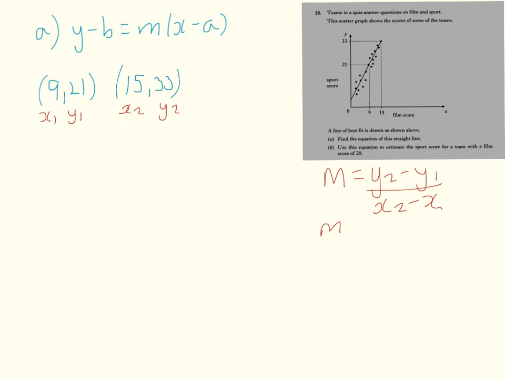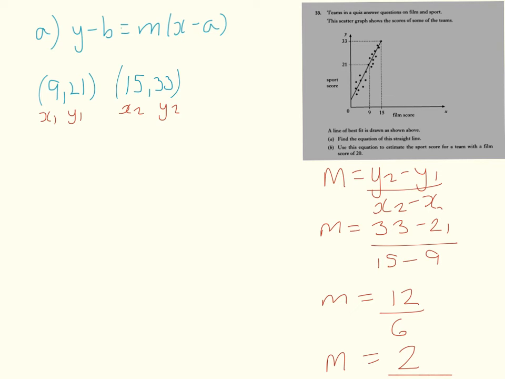So my gradient will be 33 subtract 21. That's all over 15 subtract 9. 33 subtract 21 is 12. 15 take away 9 is 6. And 12 divided by 6 is 2. So my gradient is 2.